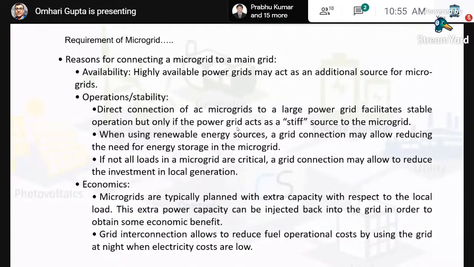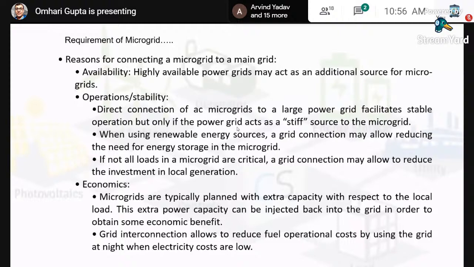Then operation and stability. Direct connection of AC microgrids to a large power grid facilitates stable operation, but only if the power grid acts as a stiff source to the microgrid. That means you need not take care of the voltage or voltage stability. It is to be dictated by the utility grid.